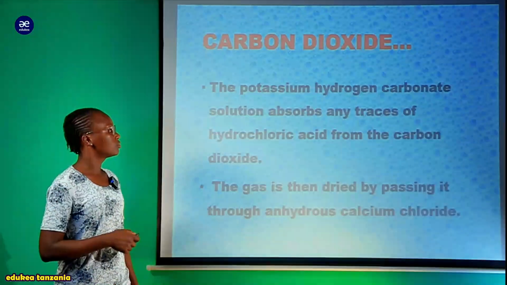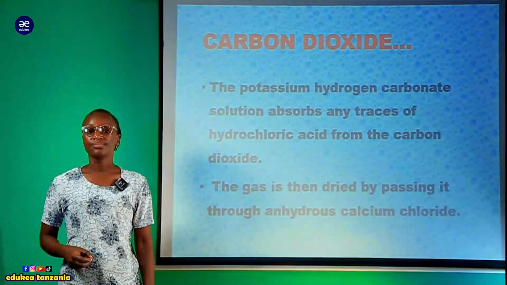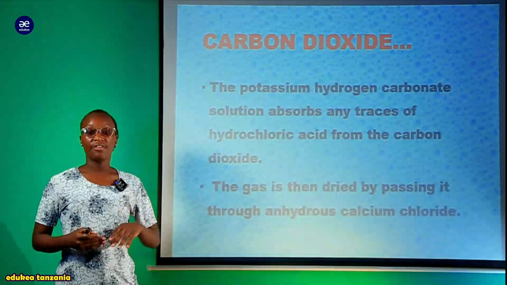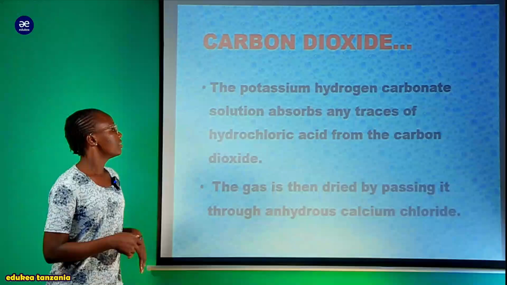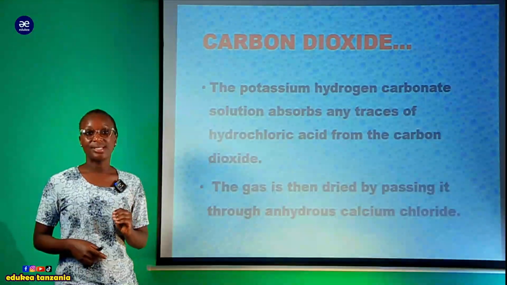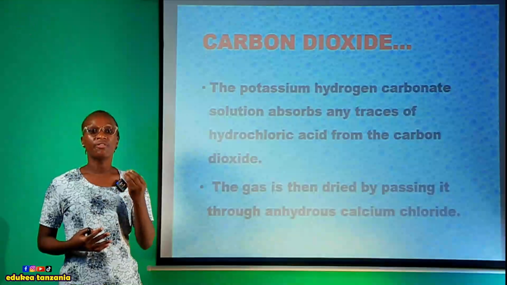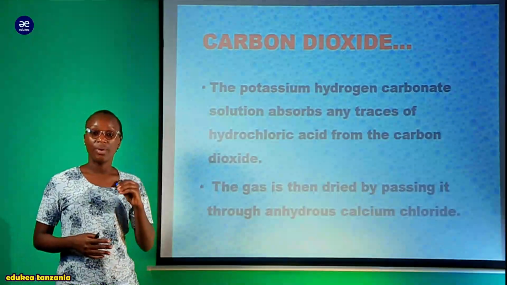The aim is to trace hydrochloric acid from the carbon dioxide, kwamba yenyewe inafanya tracing of any hydrochloric acid from the carbon dioxide. Ili tupate pure carbon dioxide gas lazima zile some of the impurities and unwanted materials lazima ziwe removed.